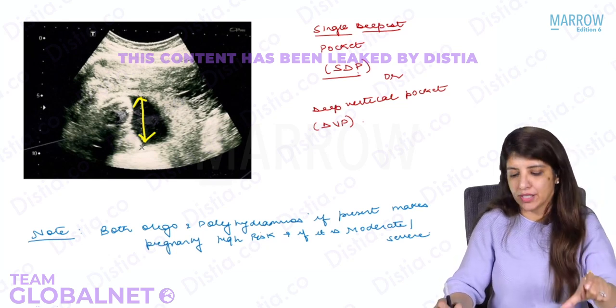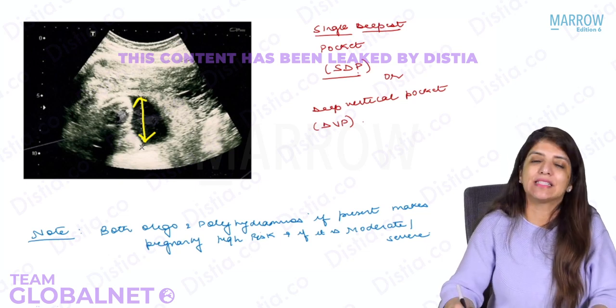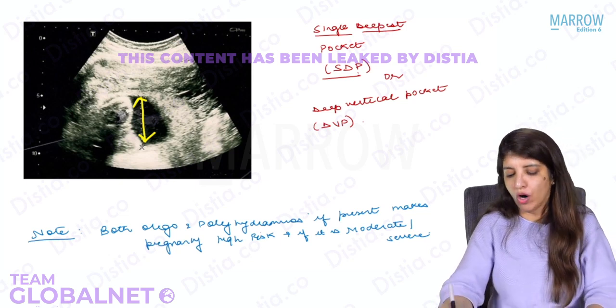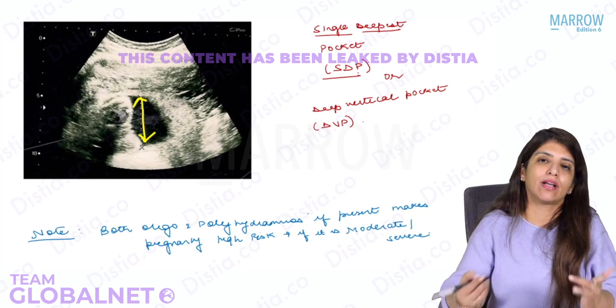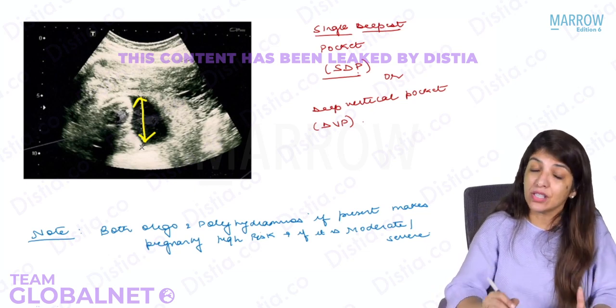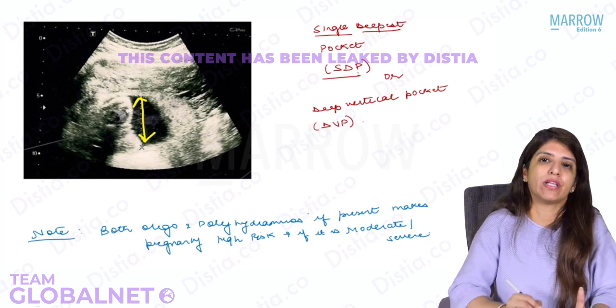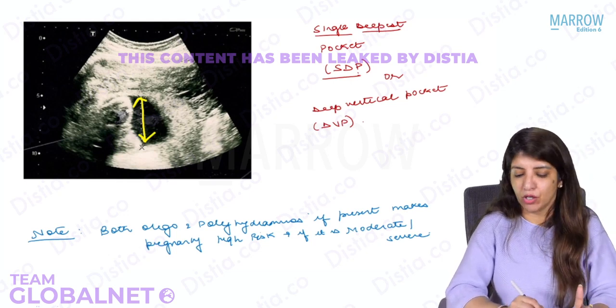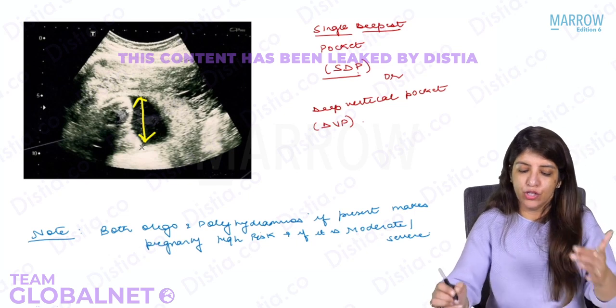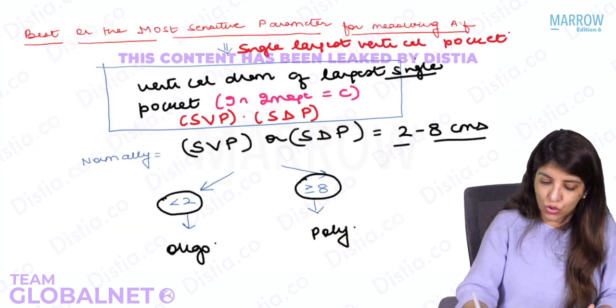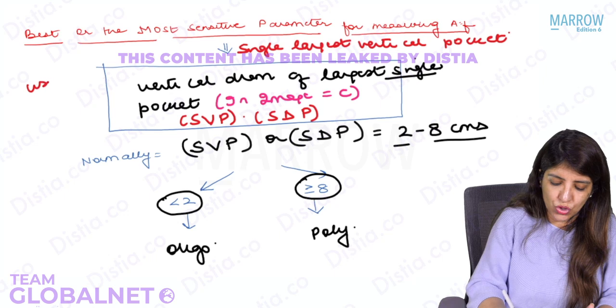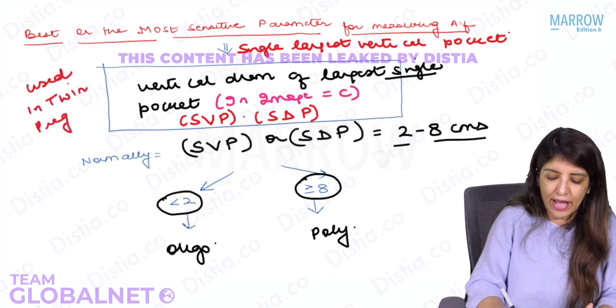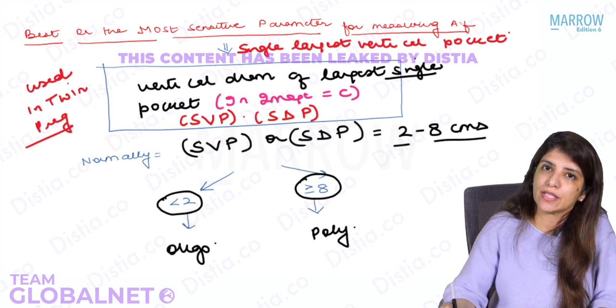And that is what is called single deepest pocket or single vertical pocket. Right? And this is the most sensitive method of measuring amniotic fluid, and this is the method which you are going to use in twin pregnancy. AFI cannot be used in twin pregnancy.